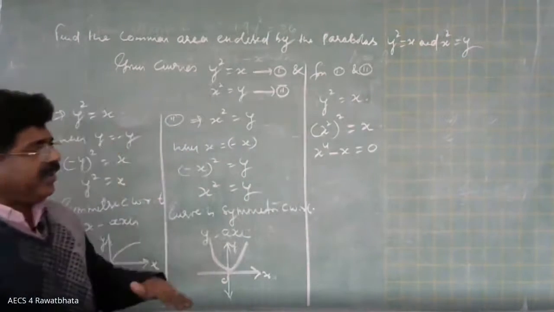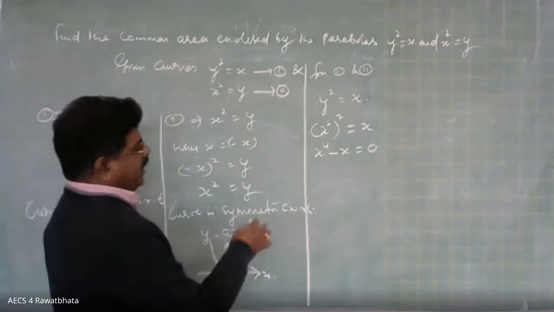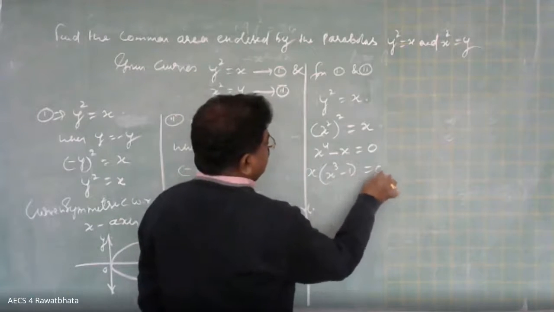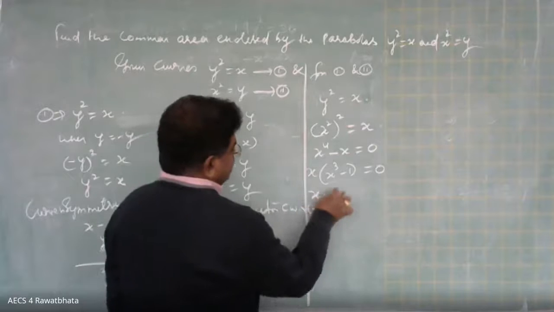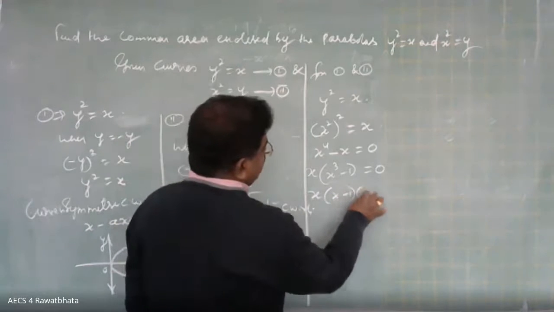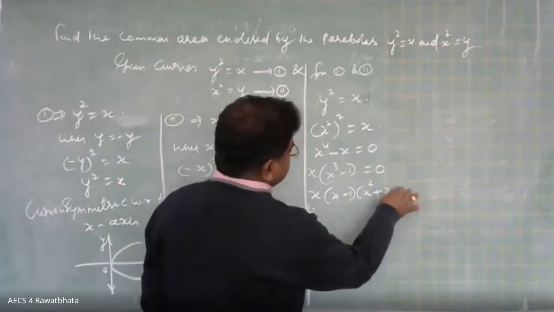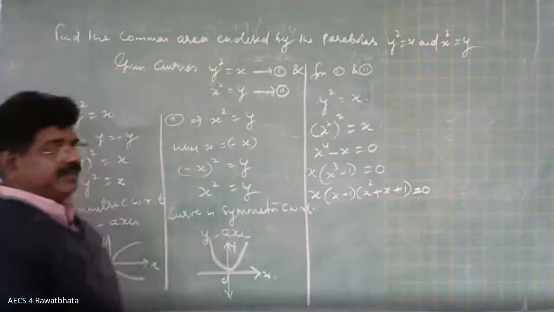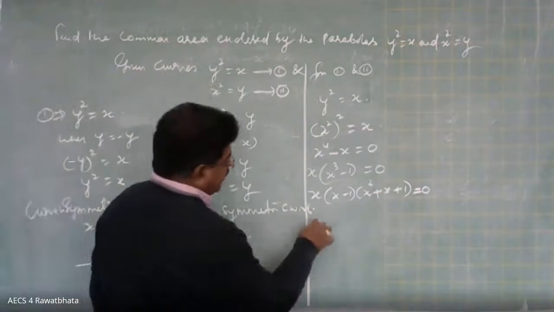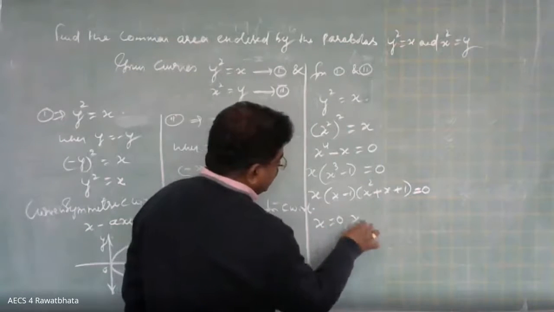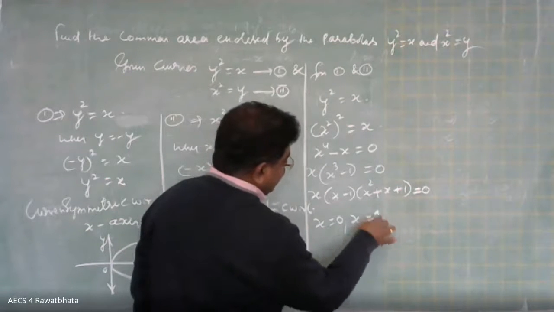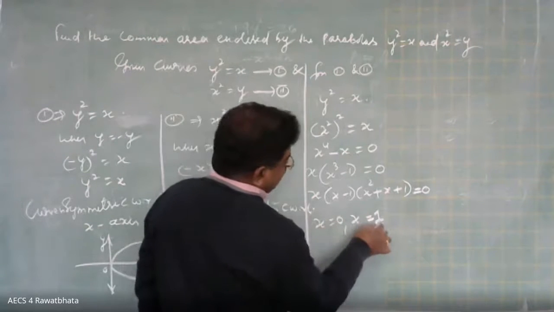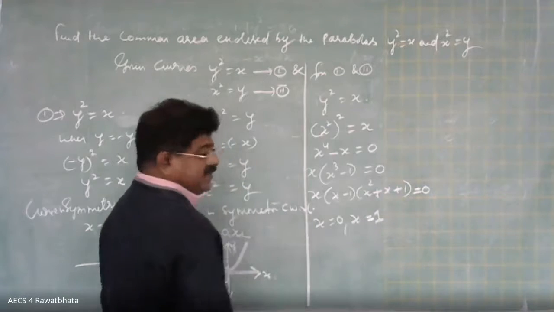X can be taken outside: x into x cubed minus 1 is 0. Now this is x, and here x minus 1 into x squared plus x plus 1 equal to 0. Now here x is equal to 0, x is equal to 1, and from the last factor you will get imaginary roots.